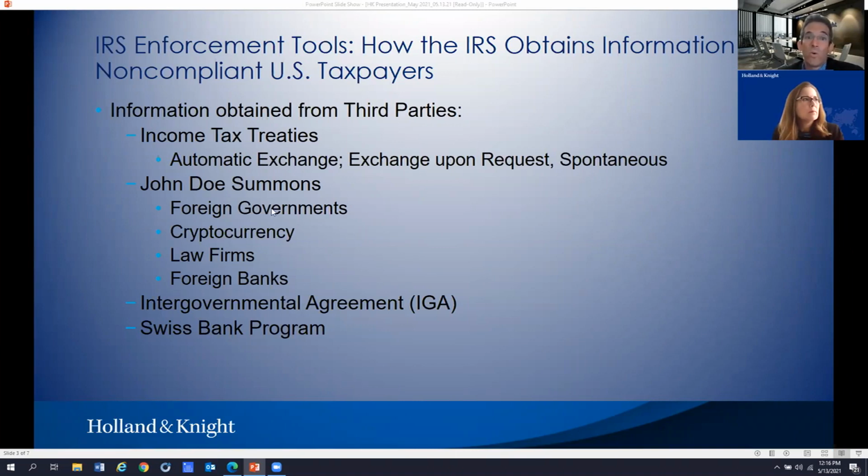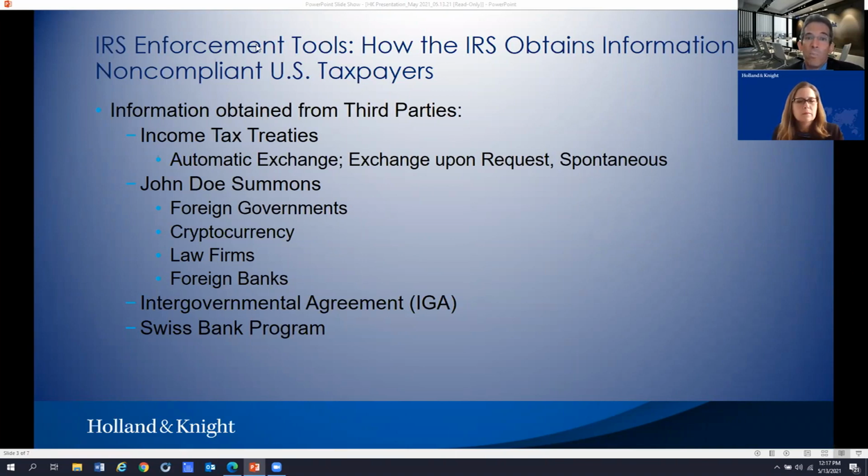Two examples where that has happened. In 2013, 18 US financial institutions received John Doe summons seeking the identities of persons who used debit or credit cards from those institutions. This stemmed from a request from Norway.